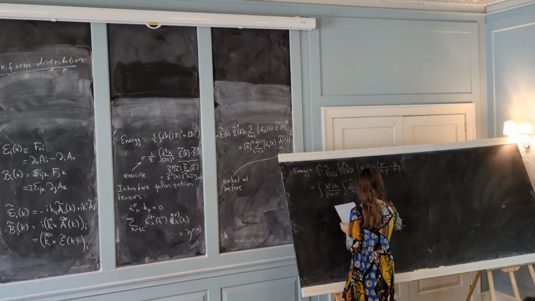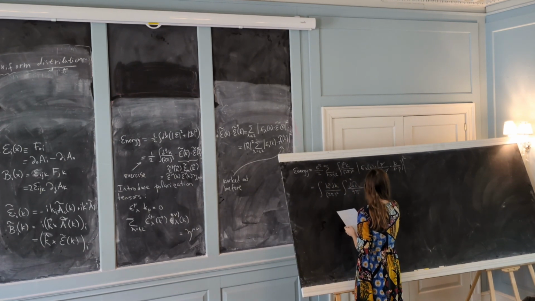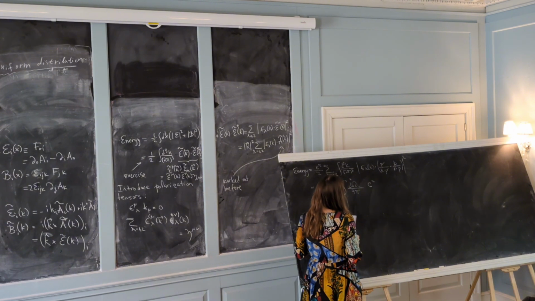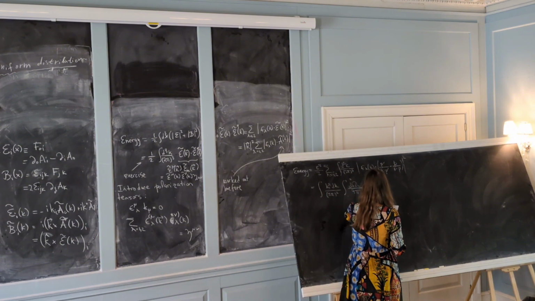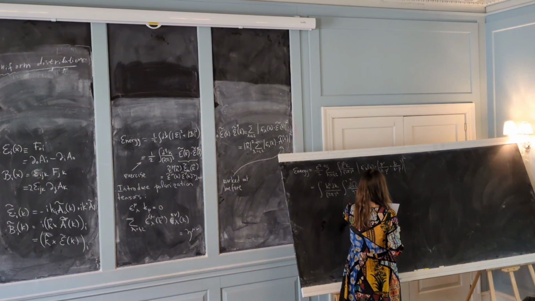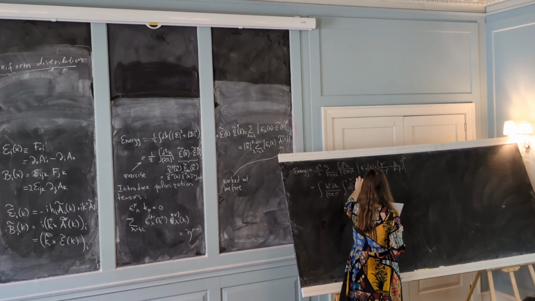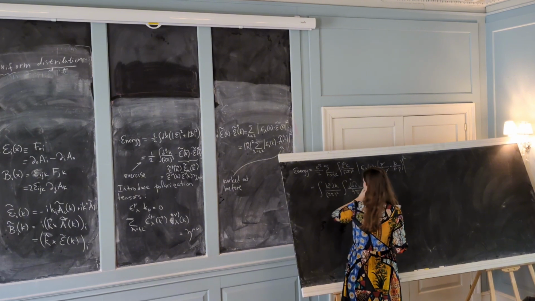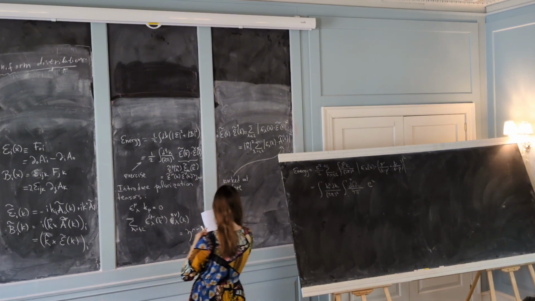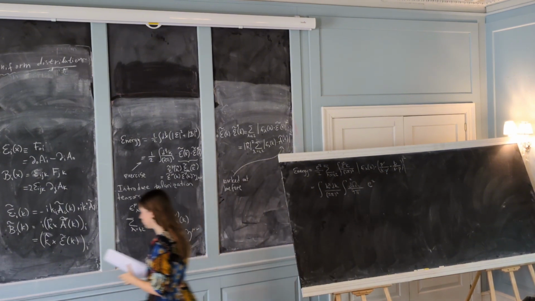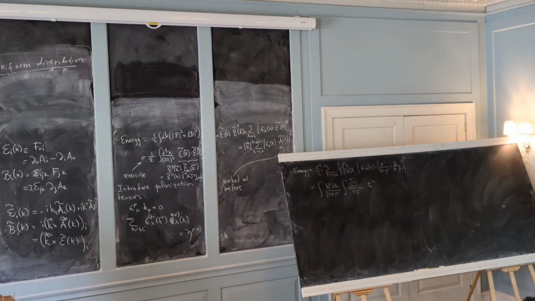So we have this factor of 2, I'm combining it with that. And then we have e squared divided by k squared. I think I missed a factor of 1 over k squared.